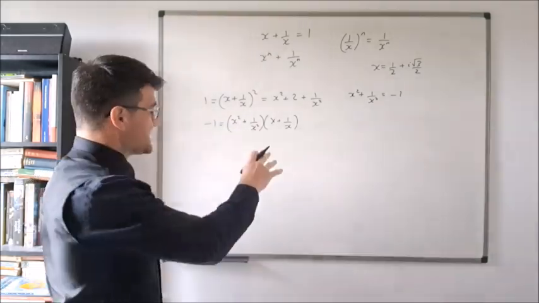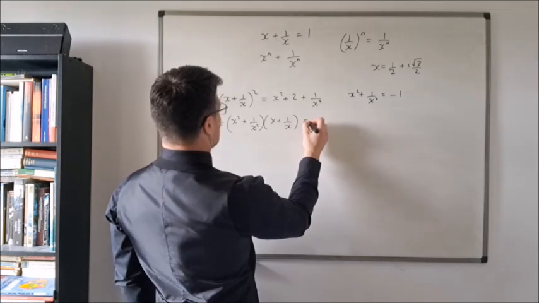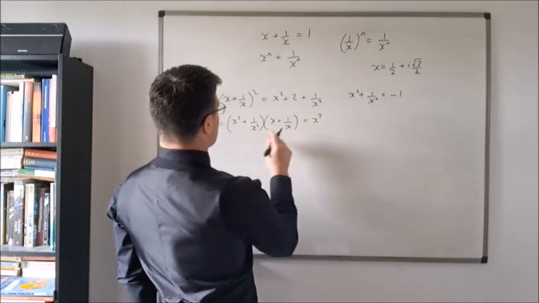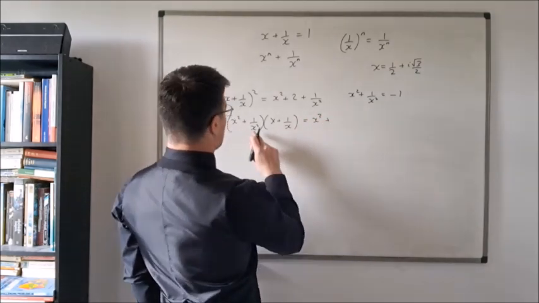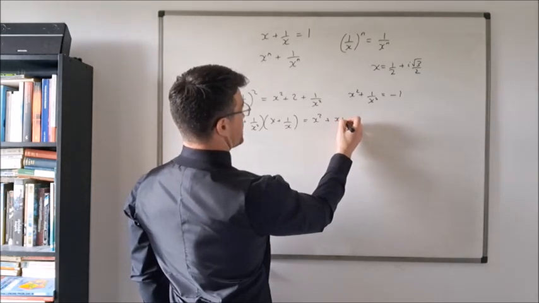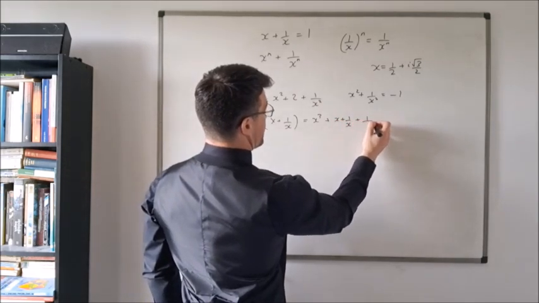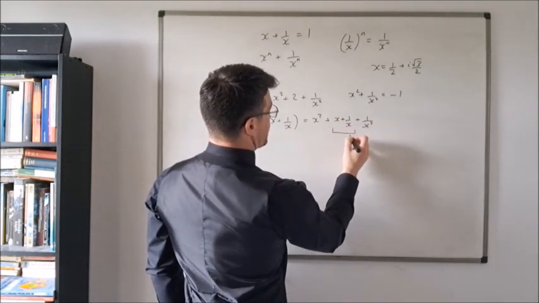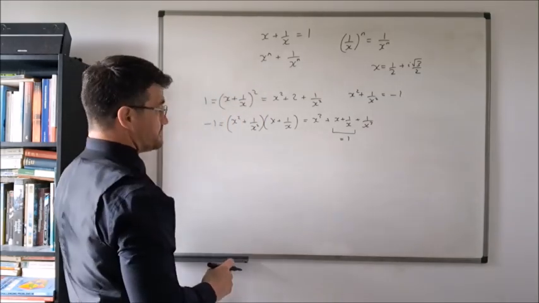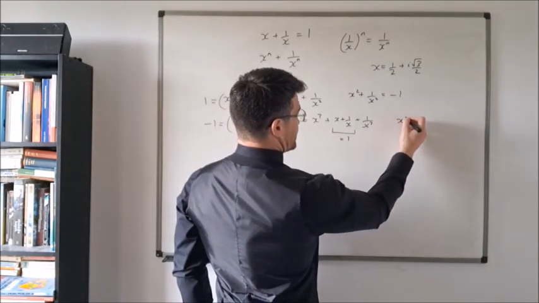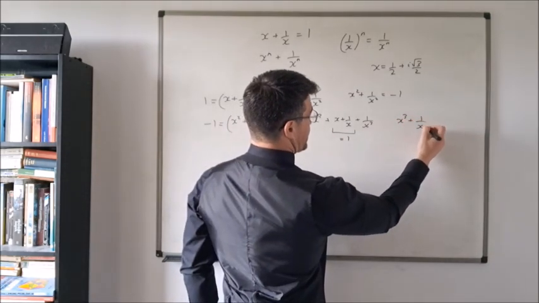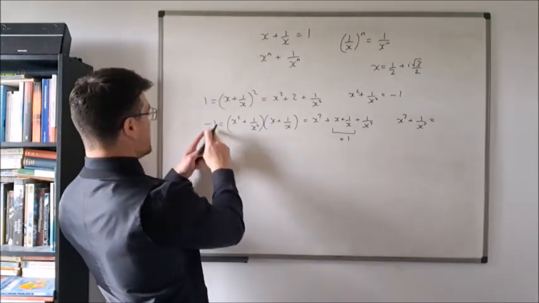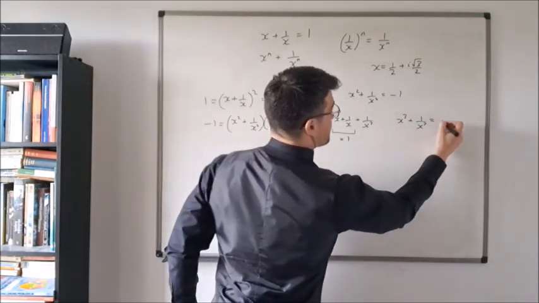And now if I expand this out, I get x cubed plus x plus 1 over x plus 1 over x cubed. This, of course, is just equal to 1. And therefore, x cubed plus 1 over x cubed is going to be equal to minus 1 minus 2.